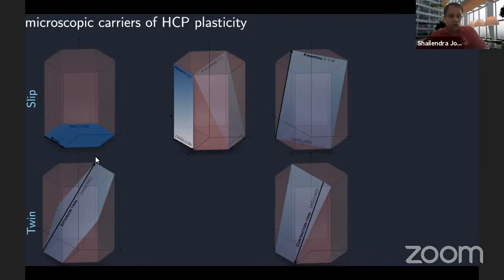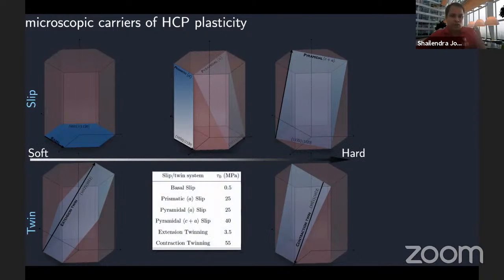So in all, we are talking about at least 30 slip and twin systems that can define the mechanical response of a single crystal. And they go from being very soft to very hard plastically. To give you an idea, this is a typical range of critical resolved shear stresses of different slip and twinning modes that we see in pure magnesium.